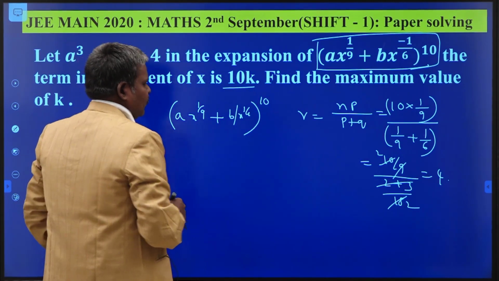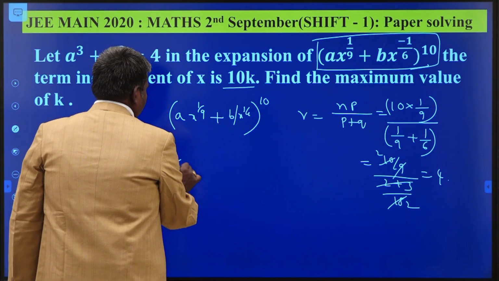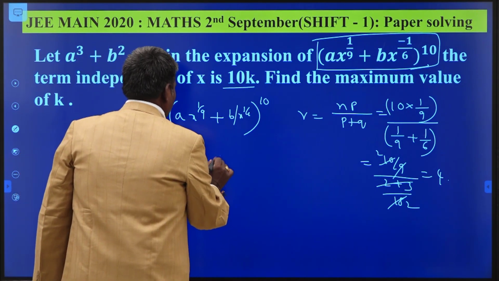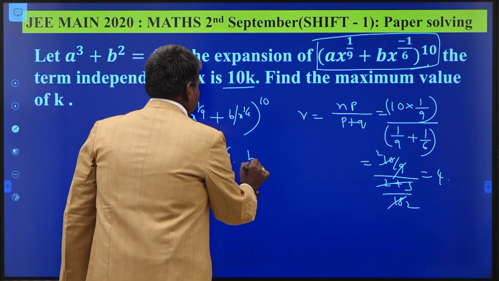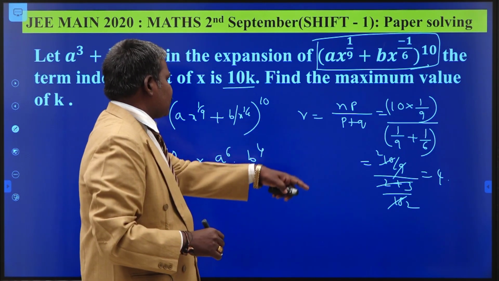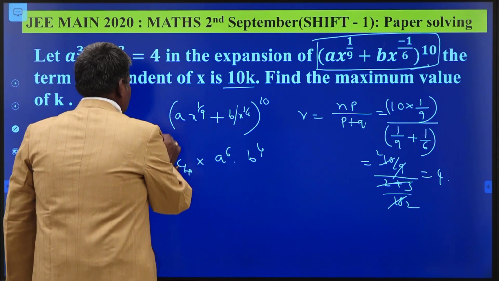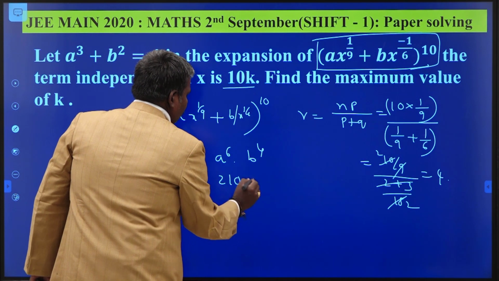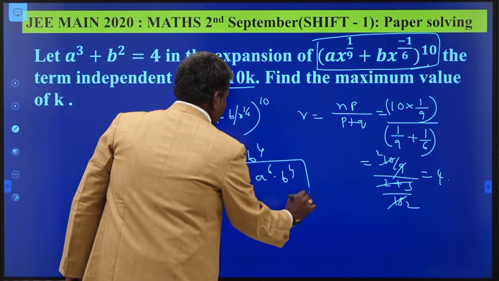So T(4 plus 1), the constant term, is nothing but 10c4 into a to the power of 10 minus 4, that is a power 6, into b power 4. The entire x vanishes by taking r as 4. This is your constant term. What is the value of 10c4? 210. So 210 times a power 6 into b power 4.